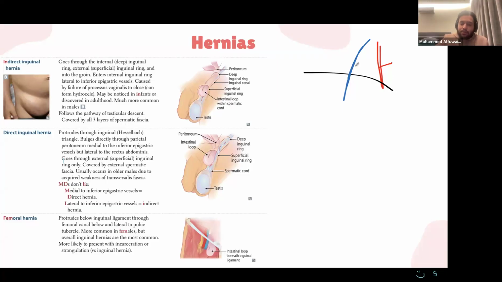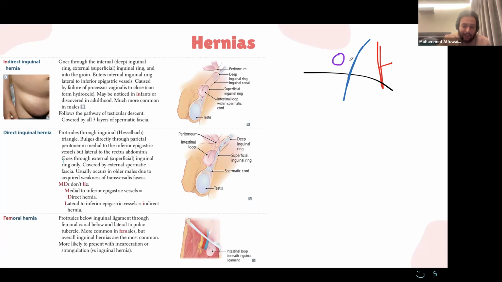Now, you have two types of hernias affecting these two regions: indirect inguinal and direct inguinal hernias, okay? If you have a hernia that's developing on this side, lateral to the epigastric vessels, which type of hernia is this?